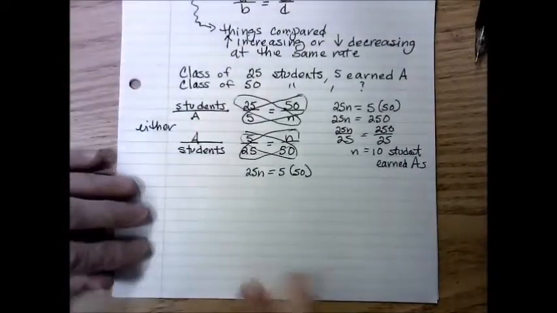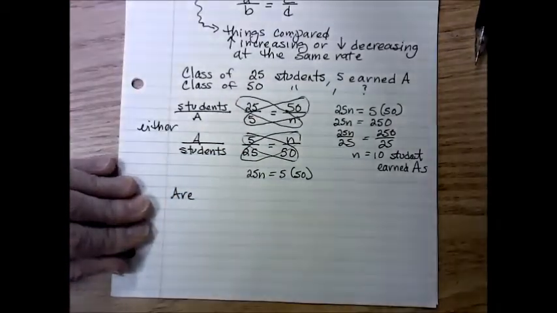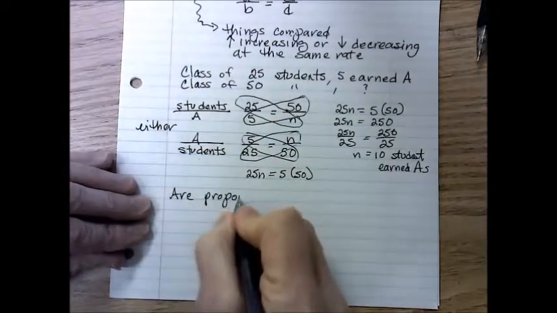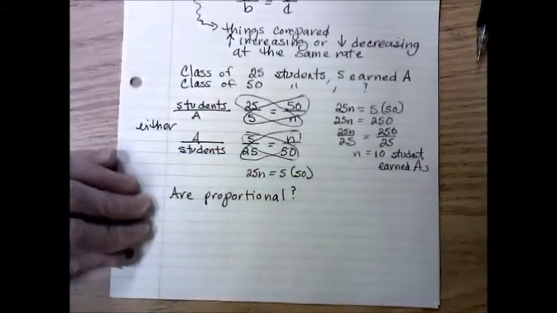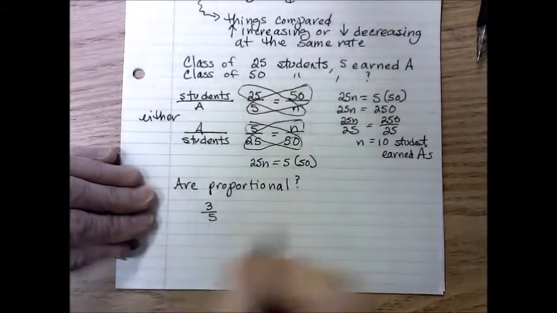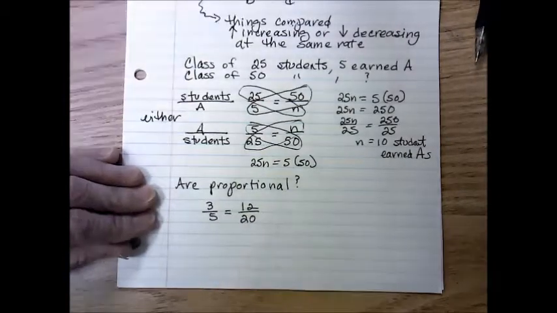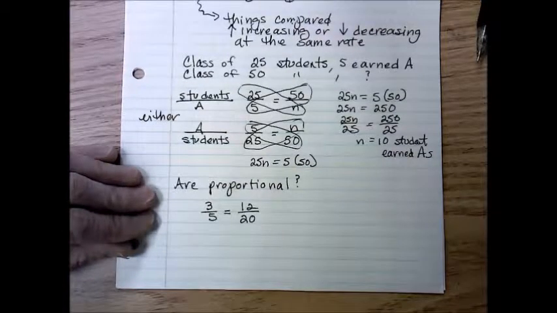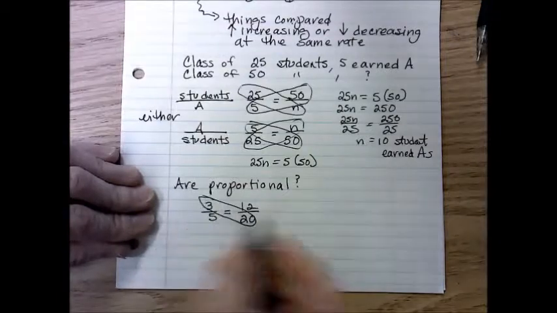Now, often we are given problems where it wants to know if the ratios are proportional. So let's look at some of those examples. If we had the ratio 3/5 equals 12 over 20, there are a number of ways we can look at it, but we know one of our safe ways is, again, to use our cross products.